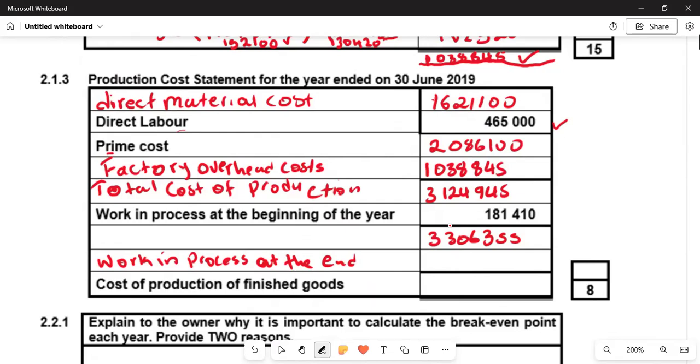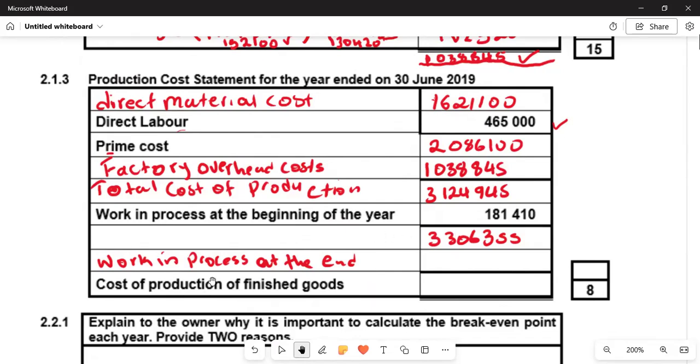So for us to know it, you are going to use what? The balancing figure. So now let's come to the cost of production of finished goods and see how we are going to calculate it, so that it will enable us to calculate the work in progress at the end, as we are not given the information on work in progress at the end. It is a question mark, if you can remember.